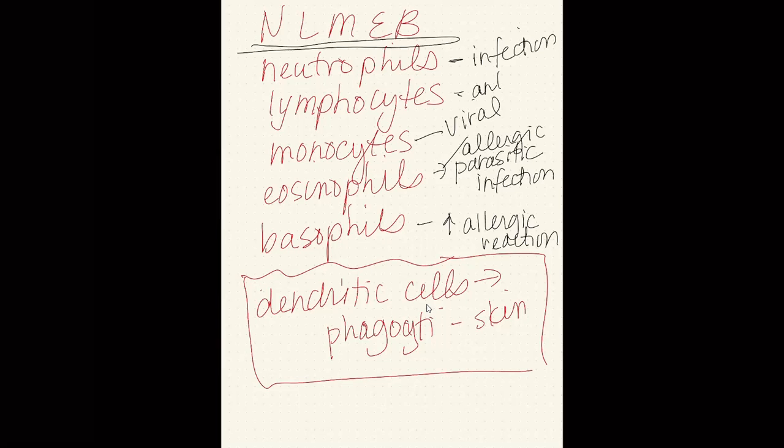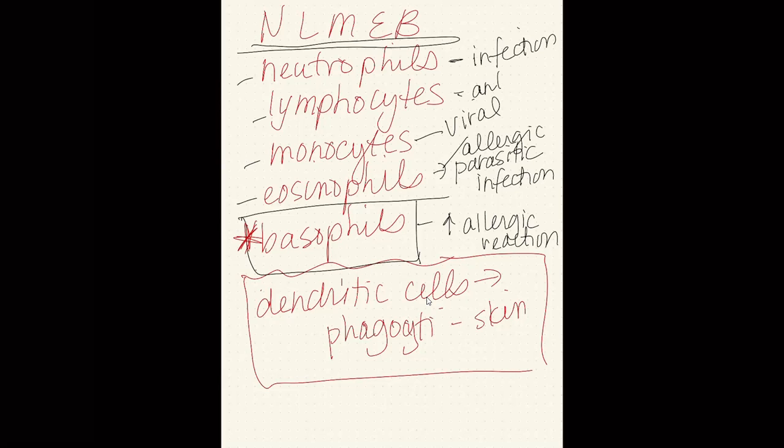Now all of these can be phagocytic. The neutrophils, the lymphocytes, the monocytes, the eosinophils, they can all gobble up another cell. The only one that can't do that is basophils. Basophils are different.